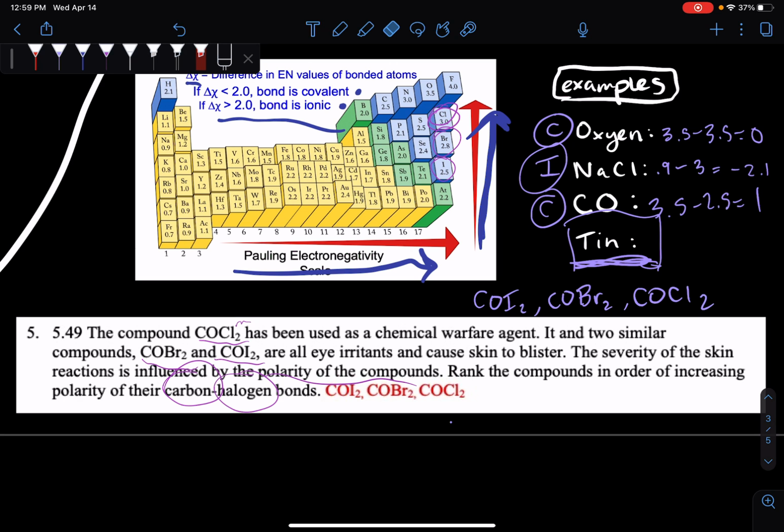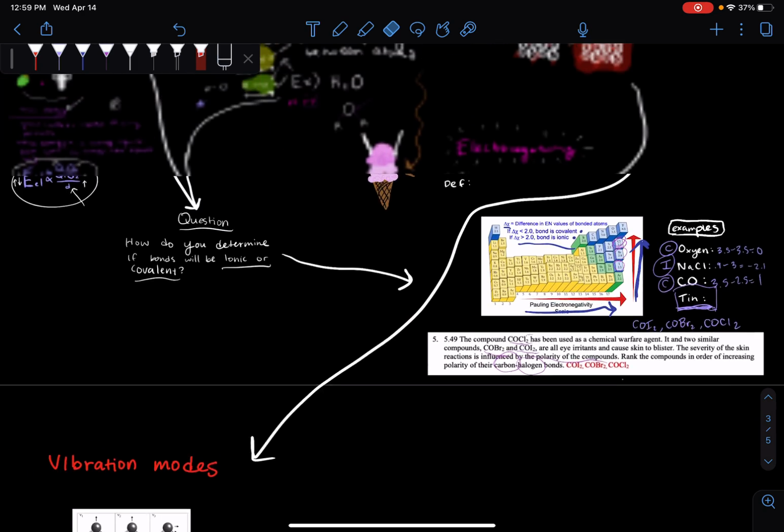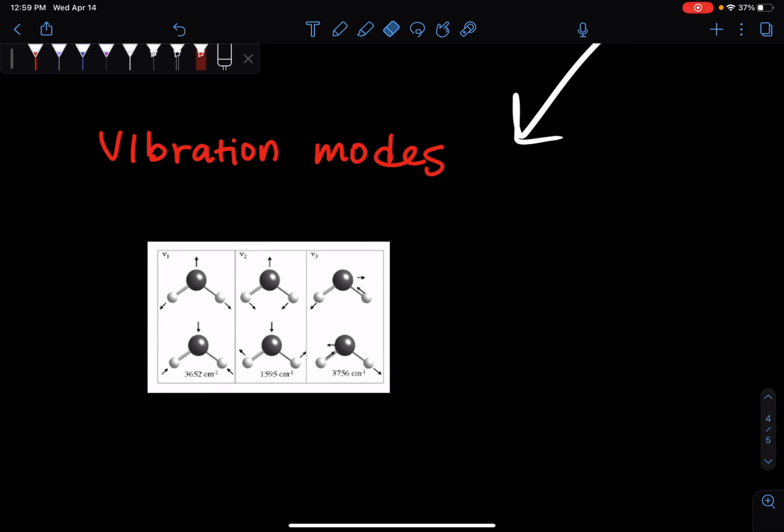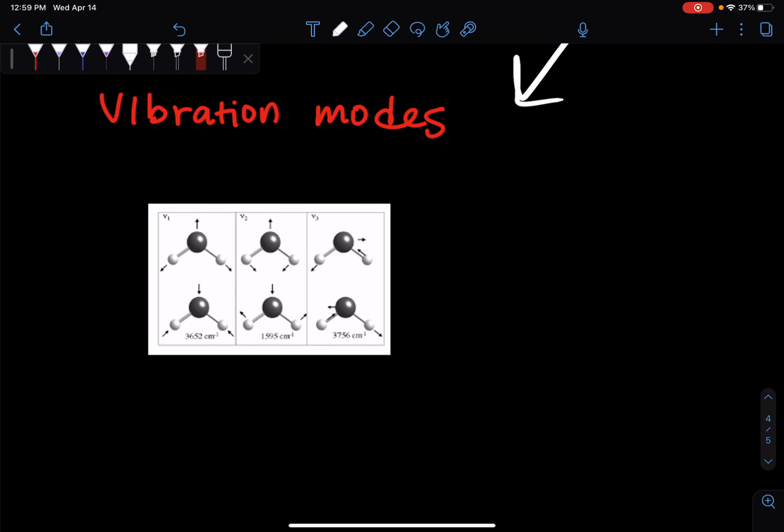Okay? Awesome. The last thing we need to talk about is vibration modes. This one we didn't spend a lot of time on, but basically what you need to know is that these bonds aren't just stationary. They're going to be vibrating a little bit, and in different directions. This one right here, that's going to be a symmetric stretch, infrared inactive.